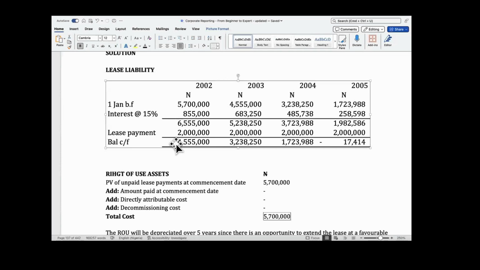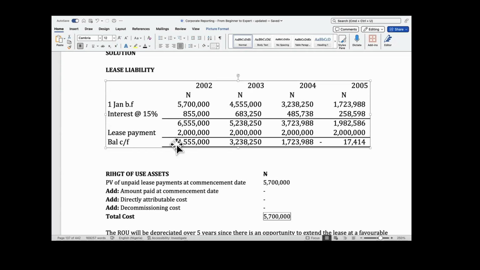Now, ordinarily, one would be tempted to think that this liability should be recognized as part of non-current liability. But you'll be wrong, because a portion of this liability will be settled next year. A portion will be settled because we're going to pay another 2 million next year. So this 4.5 million needs to be split between current and non-current. The current portion is what is due to be paid next year, while the non-current is the balance.